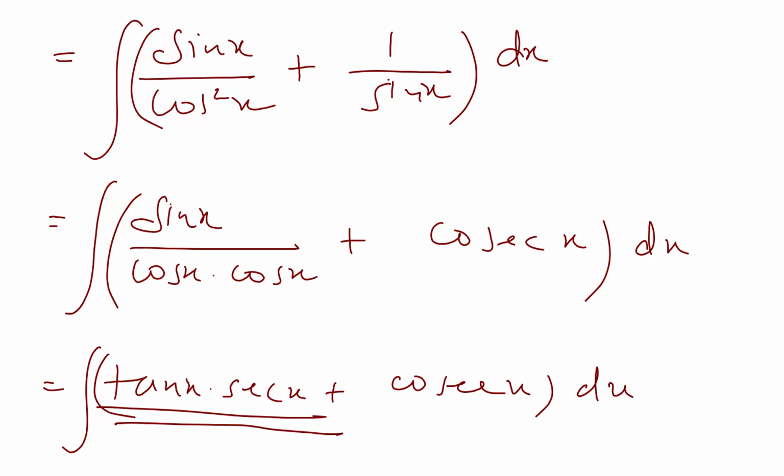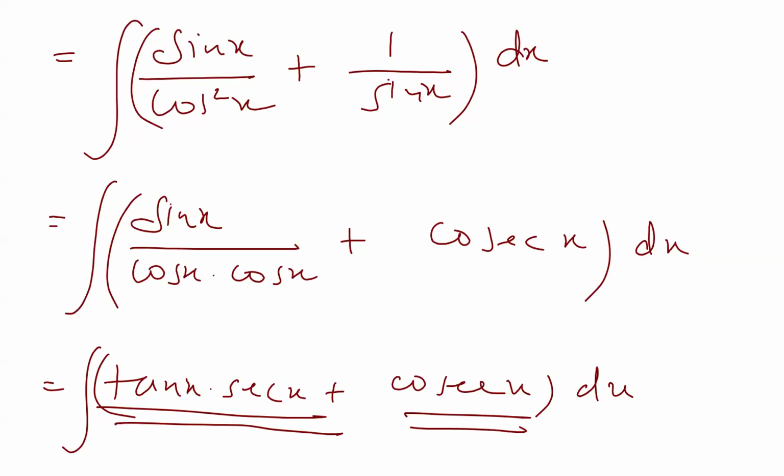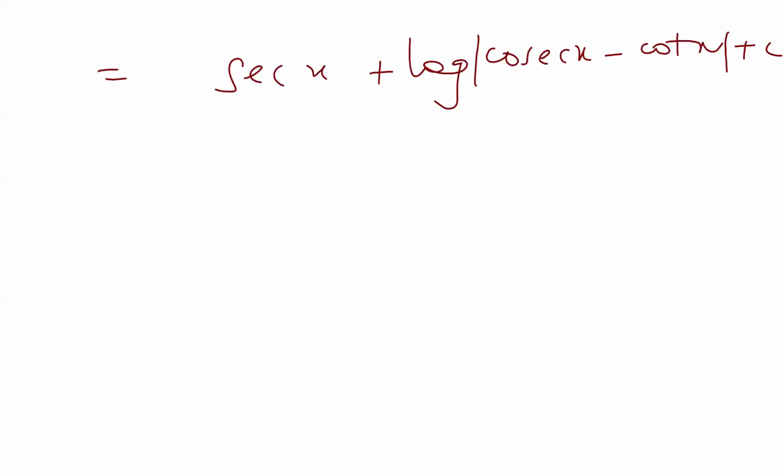Now tan x into sec x integration is sec x, and cosec x is log mod cosec x minus cot x, individual integration. So I've applied the formula for both the terms. So that completes your question number 6. Let's go to question number 7.